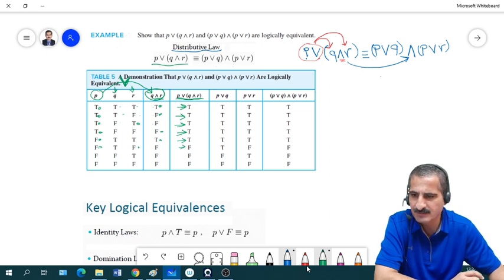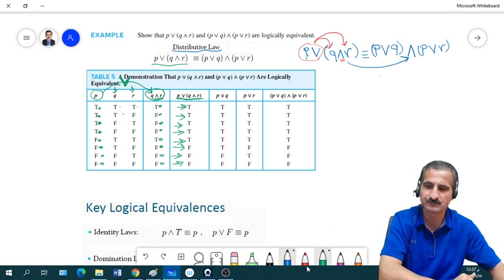I did something I should not. There are too many columns actually. Let me repeat that. There is some spot which is wrong here. True or true, which is true. True or false, which is true. False or true, which is true. False or false, which is false, and false or false again, which is false.